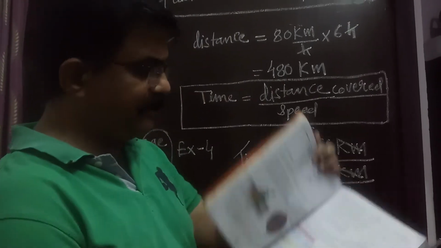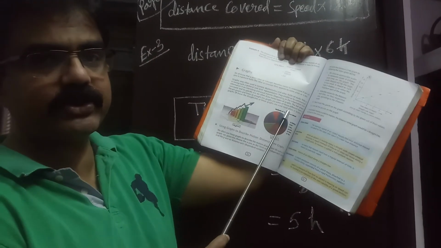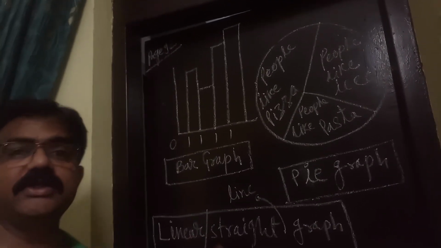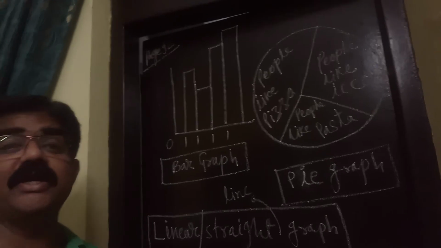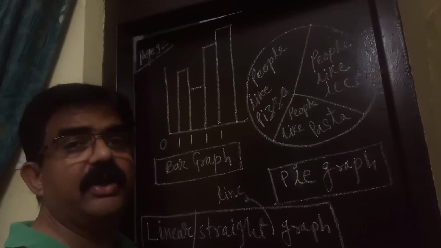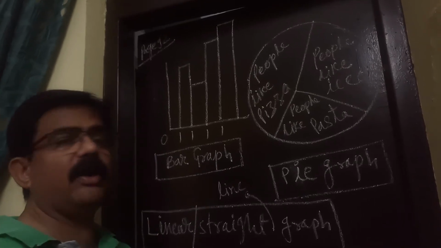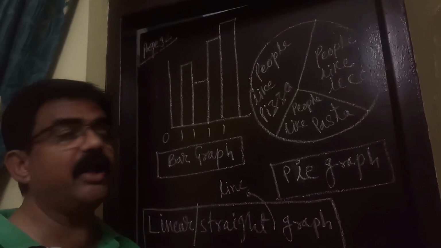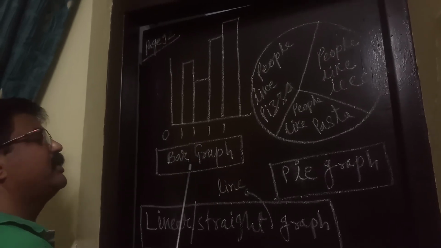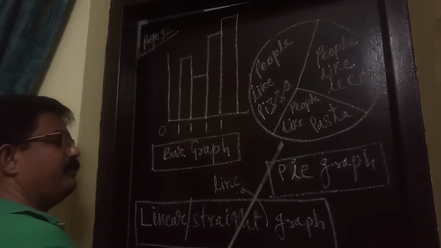Next we study graphs. So ready? This is the last topic from this chapter. Graphs give us particular information about distance, time, etc. Look here, we have to study 3 types of graph: bar graph, pie graph.